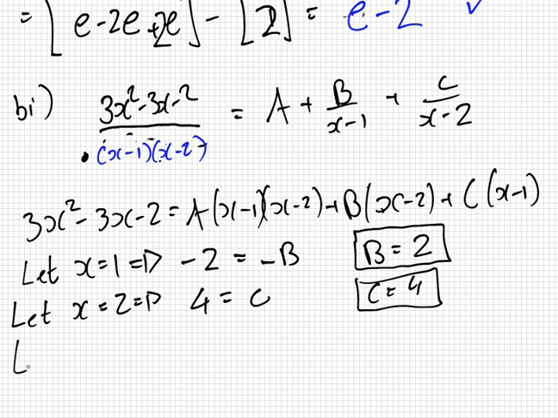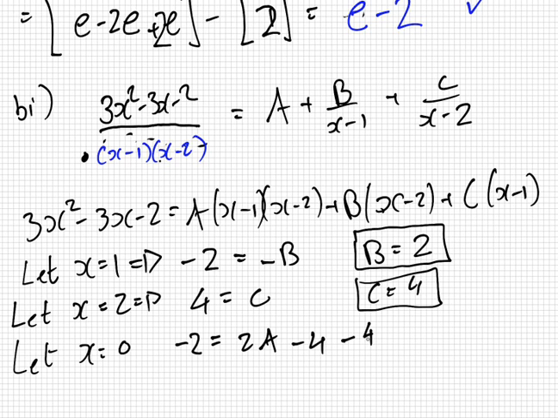And lastly, let x equal 0, and then use my answers b and c. So I get minus 2 equals a times minus 1 times minus 2, so that's 2a. Minus 2 times b, which is minus 4, and then 4 minus 1 is 3, minus 1 times c, which is minus 4.